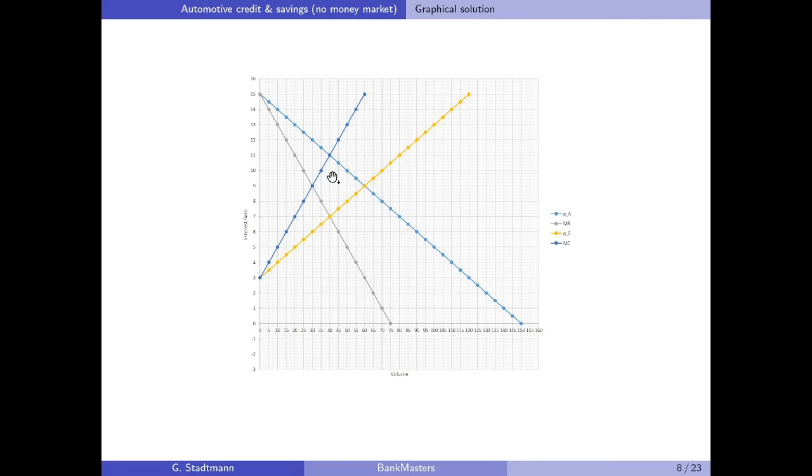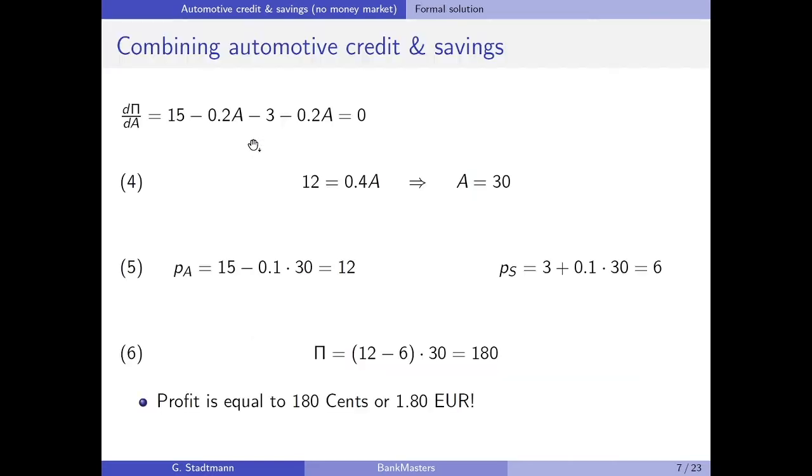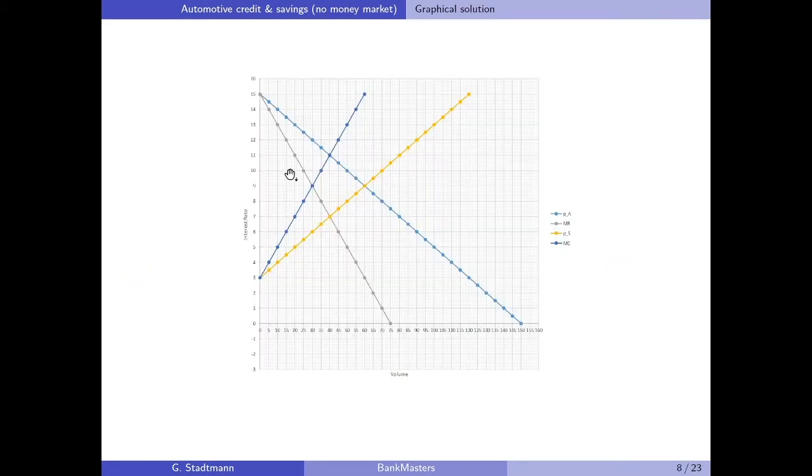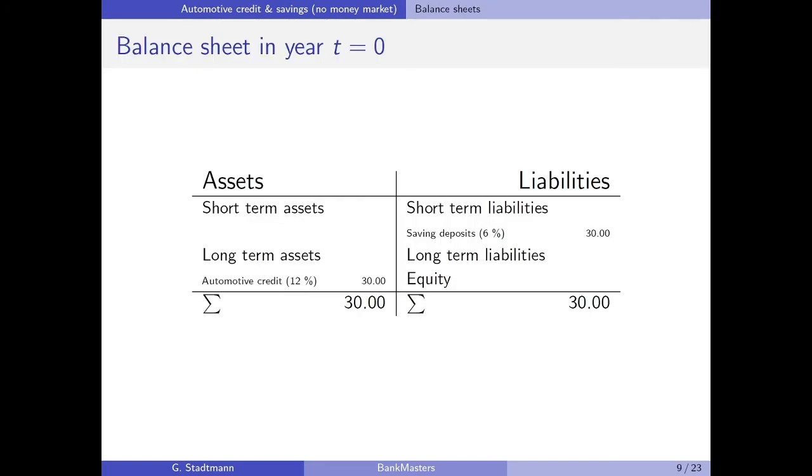So the marginal revenue side is given with this gray curve. You could see that it starts from 15 and it also has a slope of minus 0.2 because it is given as minus and it's downward sloping. So marginal revenues and marginal costs are also given with the demand and supply side.